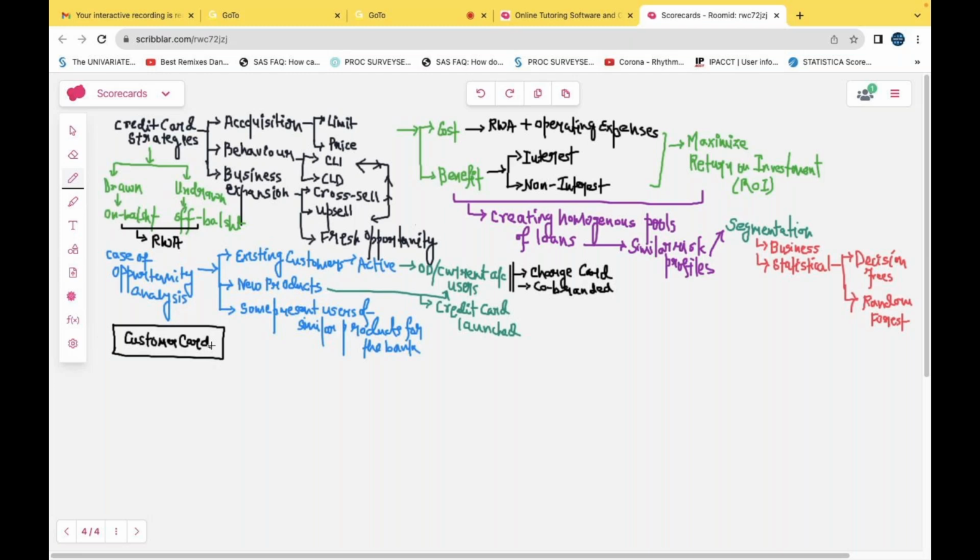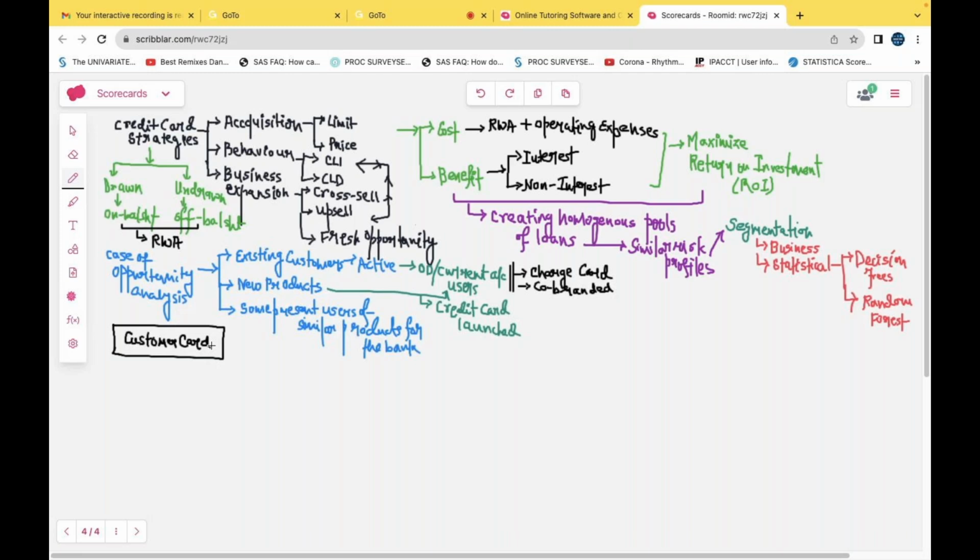So the first thing: if I have this base of customers associated with me, now I need to risk distinguish them. So what we are talking about here is business segmentation. When I'm doing business segmentation, there has to be some criteria.